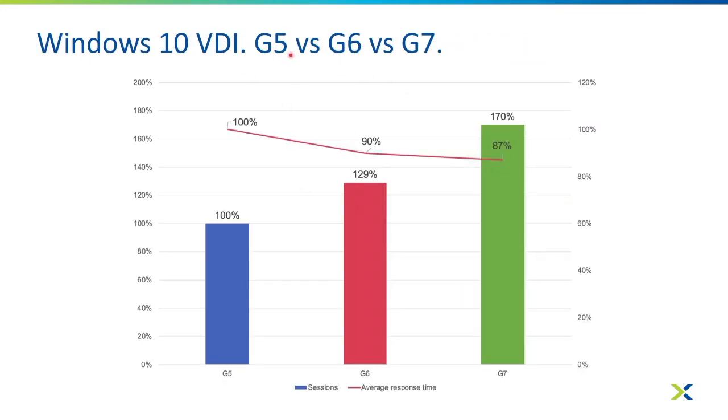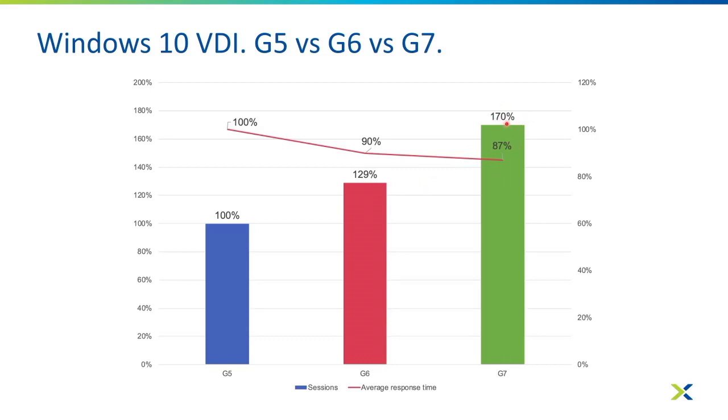When we look at processor generations, this is an example for a Windows 10 desktop compared to G5, G6, and G7 Intel architectures. G5 is the baseline, 100%, and the response time is also 100%. What we see is the session count increases, so we get more users on that node: 129%, 170%.